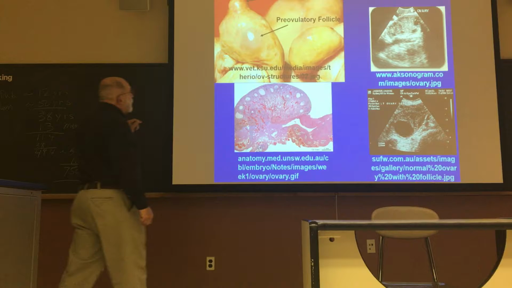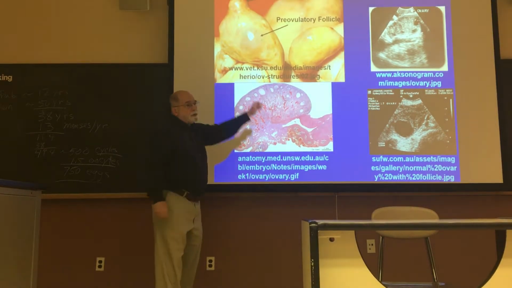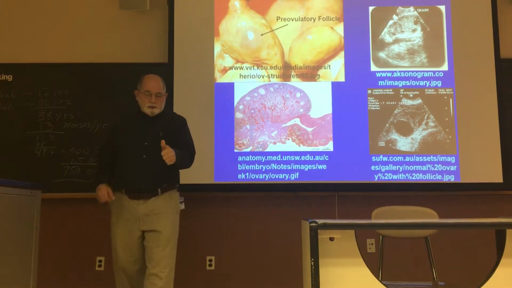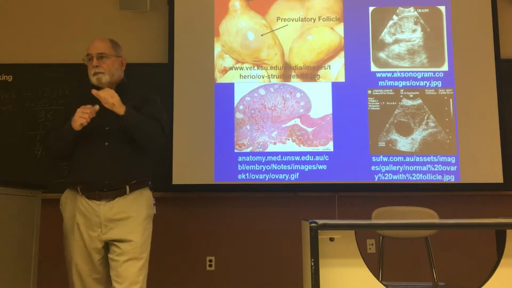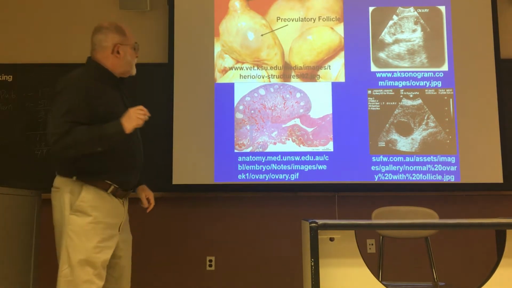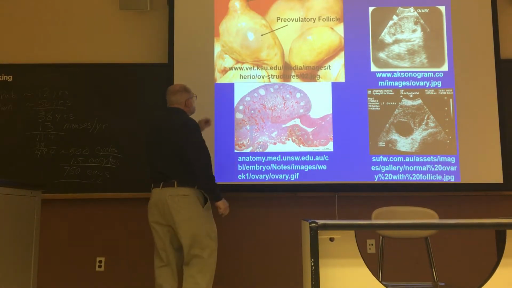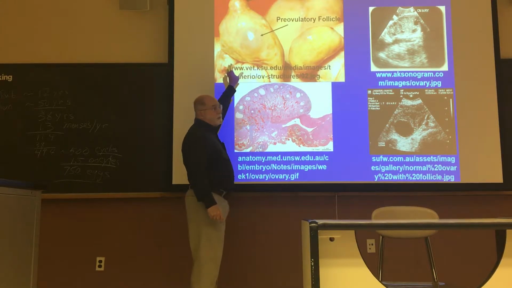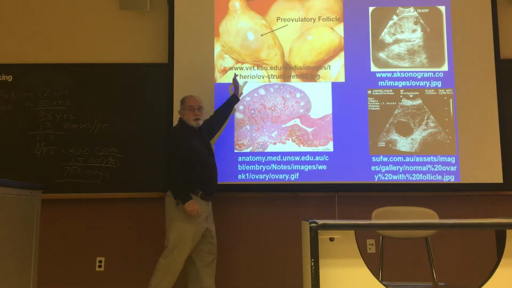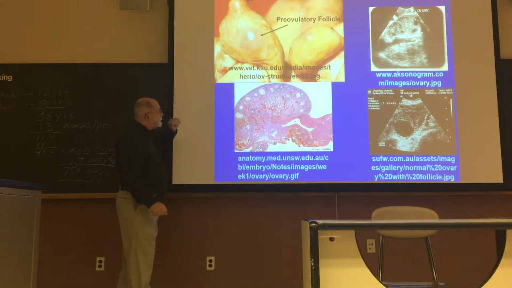Okay. In a human, in a primate, those ovaries are about the size of your thumb. And the preovulatory follicles at their most mature point are between about 3/4 of an inch and an inch in size. Okay.